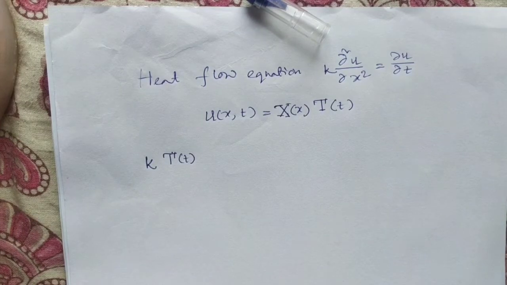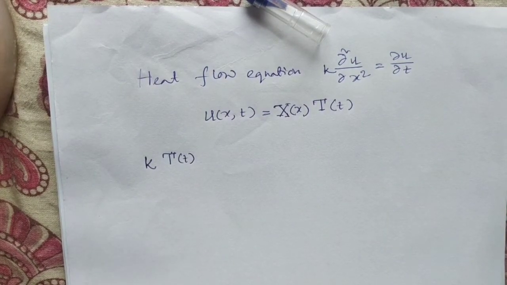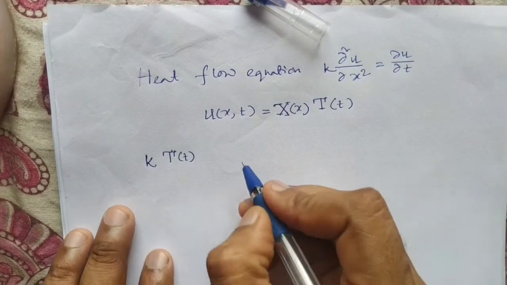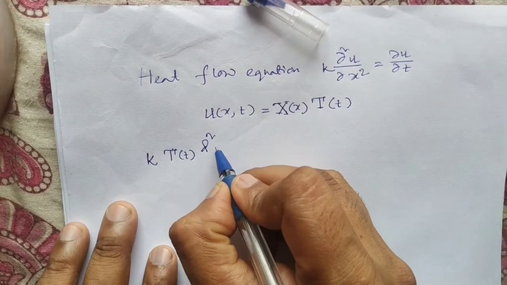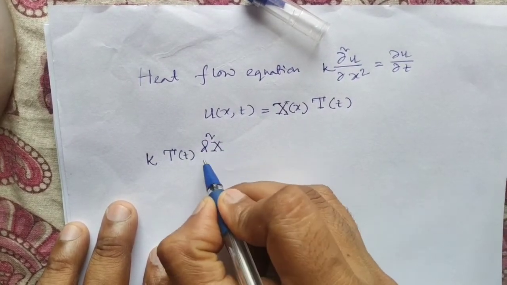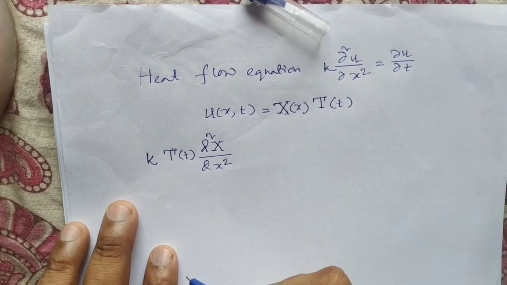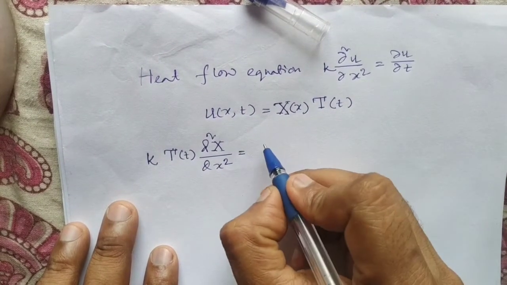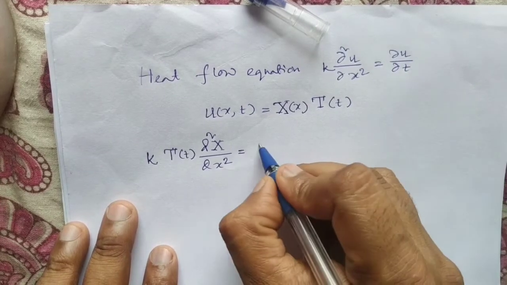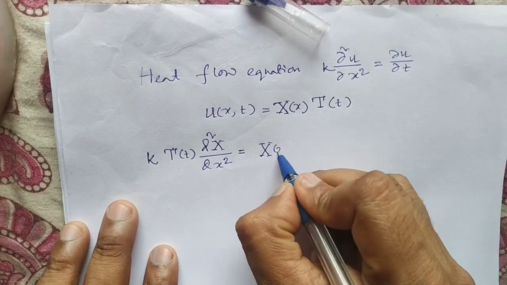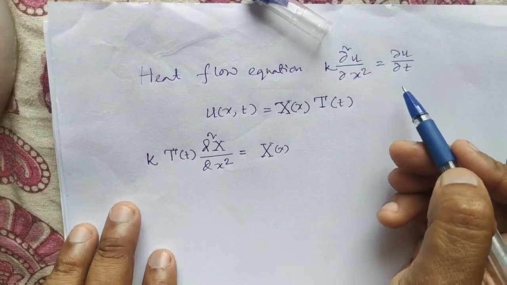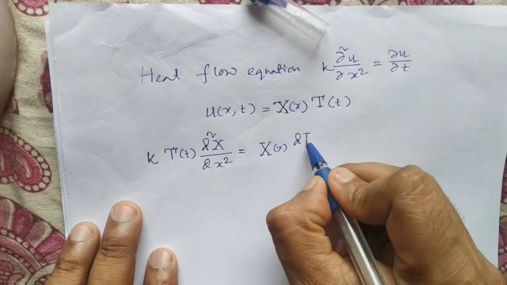So I write d2X/dx2, and this is equal to, from there you can see the x part comes out of the differentiation, and by the same logic this will be dT/dt.